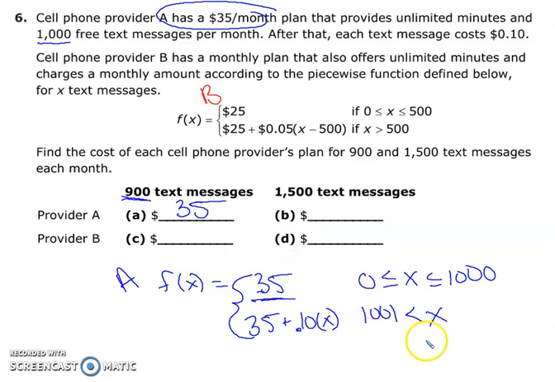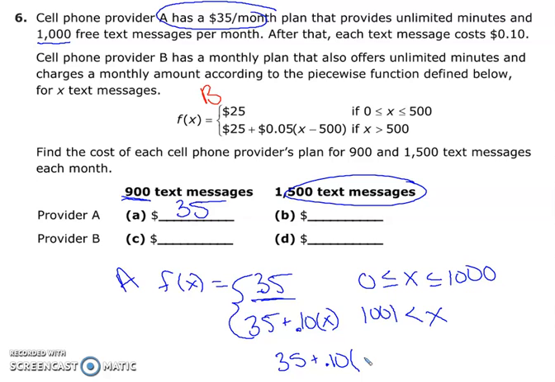So 1,500 text messages. Is that going to be the top or the bottom? Bottom. So I'm going to have to plug it in. 35 plus 0.1 times. So am I paying for all the text messages or just the text messages over 1,000? Over 1,000.